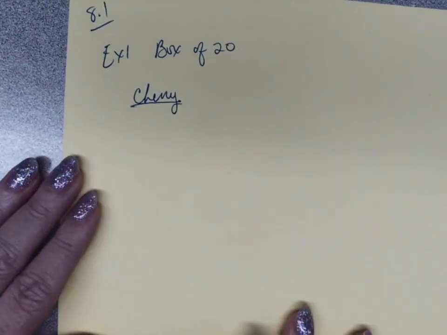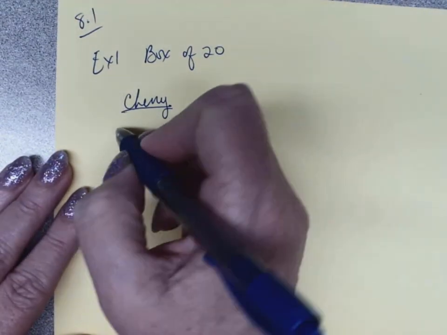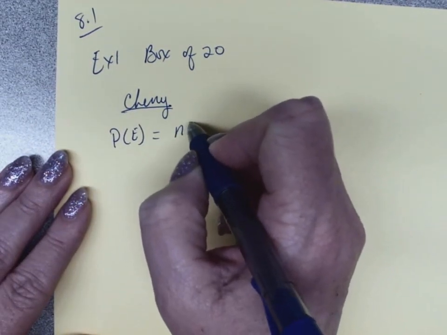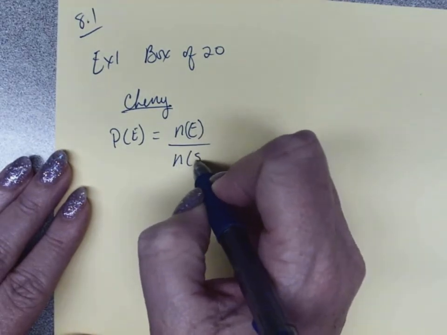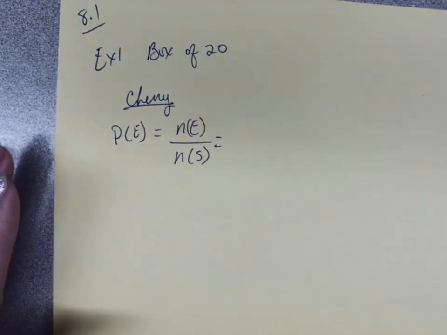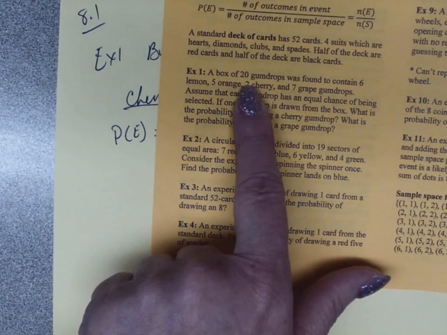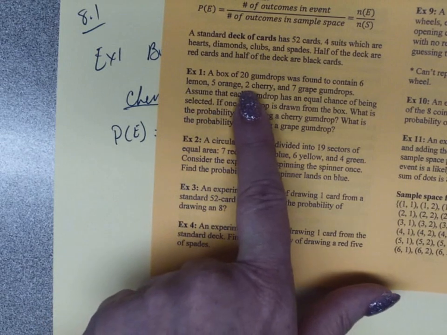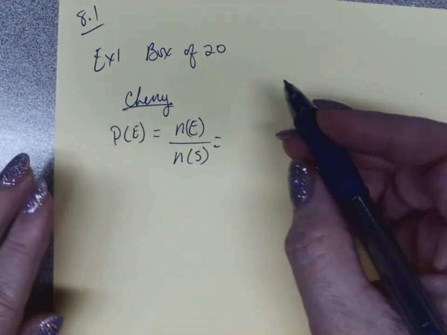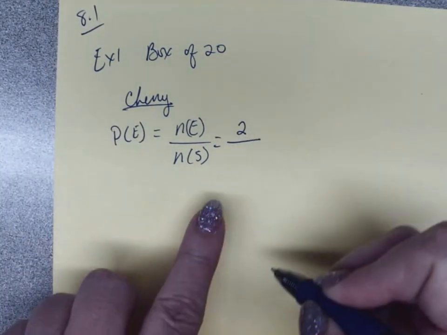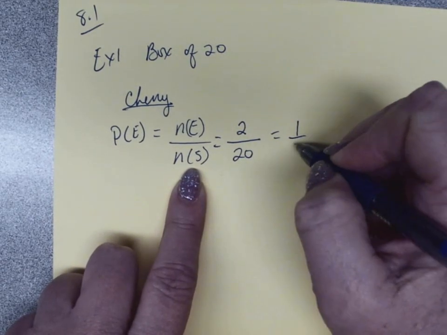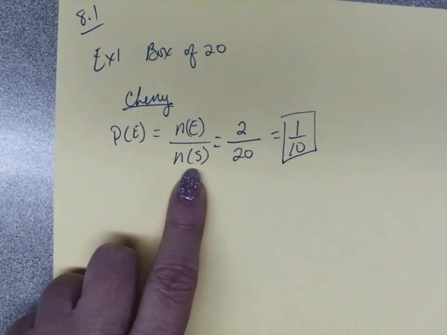So for the cherry, I'm going to find the probability of my event, which will be the number of the E over the number of the S, which is the little formula that we looked at. In our problem, the box of 20 gumdrops contains 6 lemon, 5 orange, 2 cherry, 7 grape. So my event is dealing with cherries, so 2. The total sample is the box of 20 gumdrops. And then I can reduce that. They both divide by 2. I get 1 out of 10.